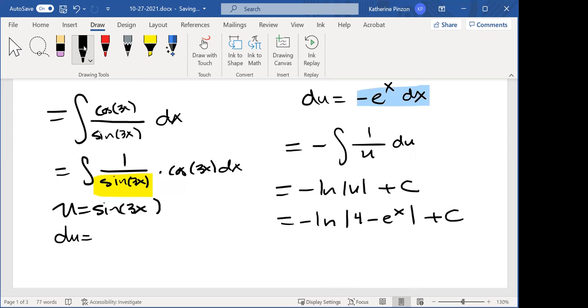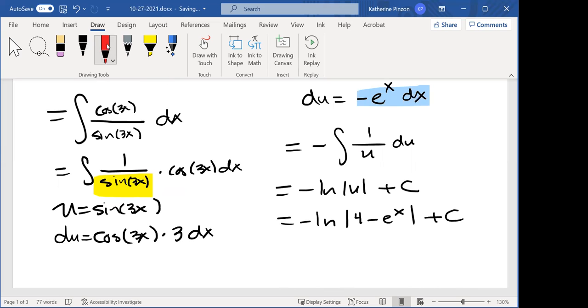So close. Positive was good. Cosine 3x, oh, times 3. You need to use the chain rule, right? The derivative of sine is cosine. Leave the inside alone, multiply by the derivative of the inside. So the derivative of sine of 3x is cosine of 3x times 3 dx.